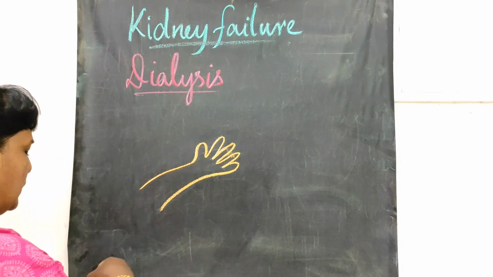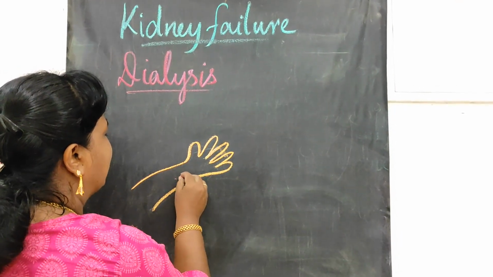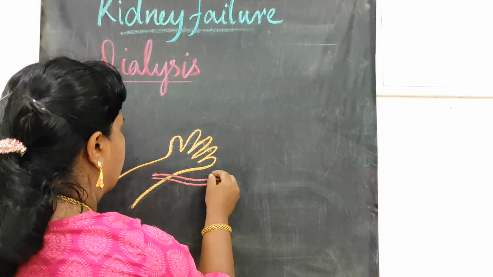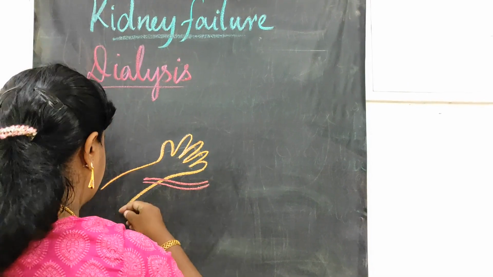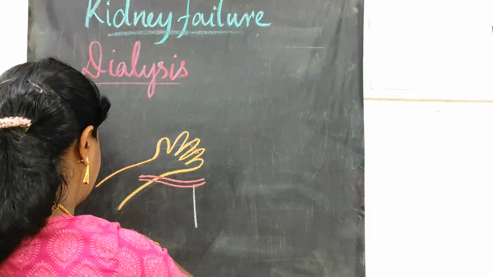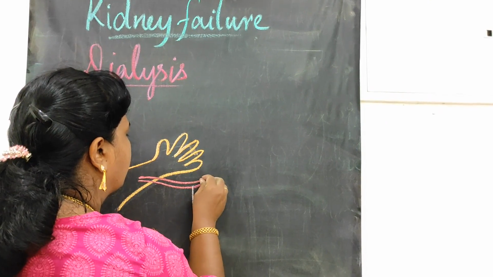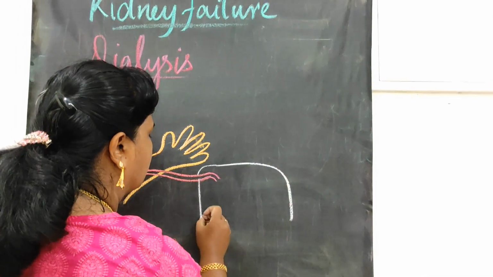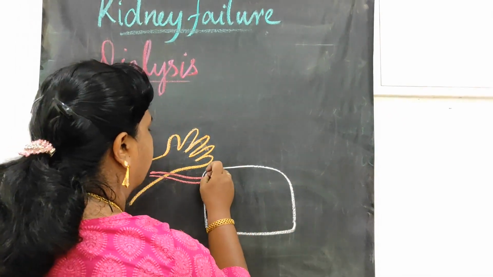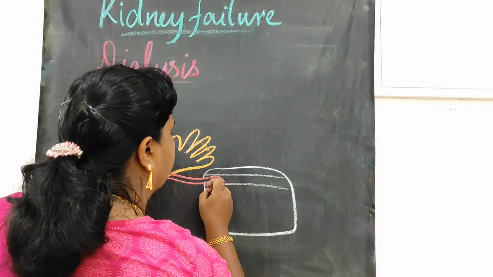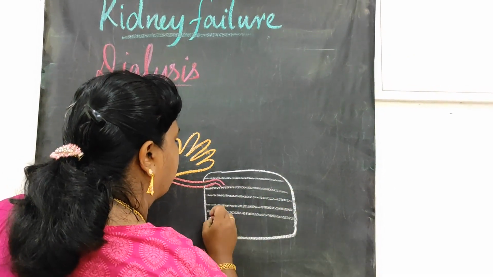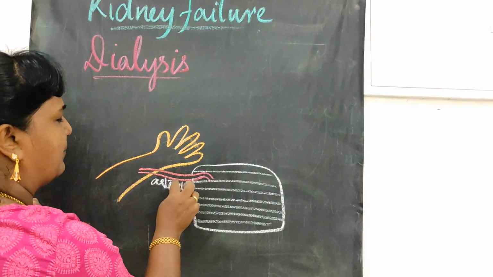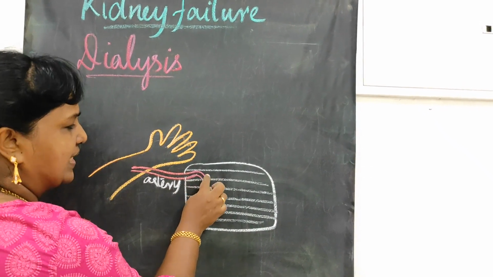So here the blood is taken from the artery of the patient and it enters into the dialysing chamber. So this is the artery. The blood is taken from the patient's artery. It enters into the dialysing chamber.